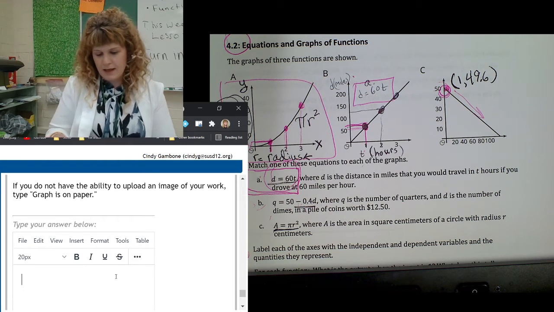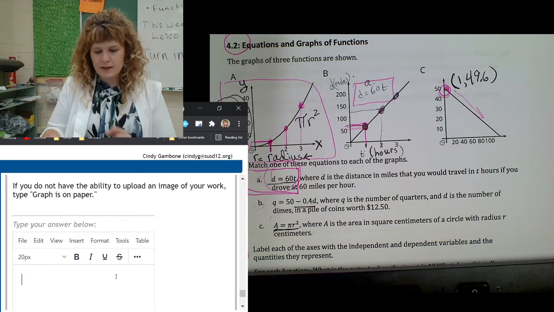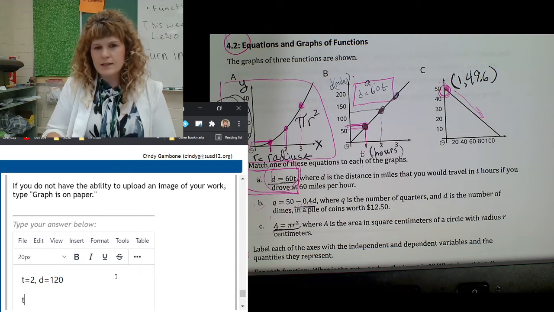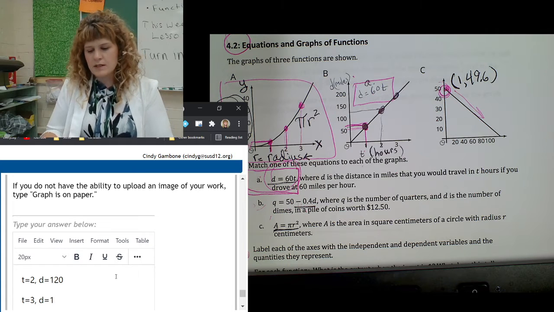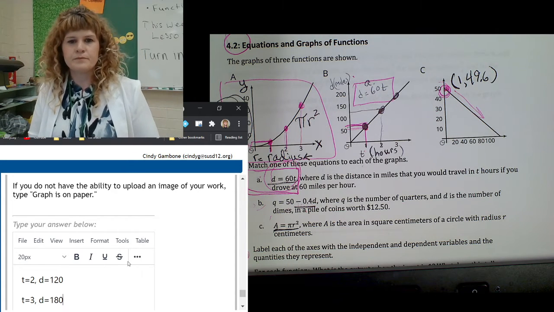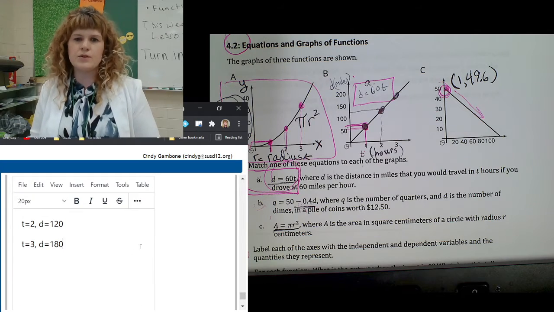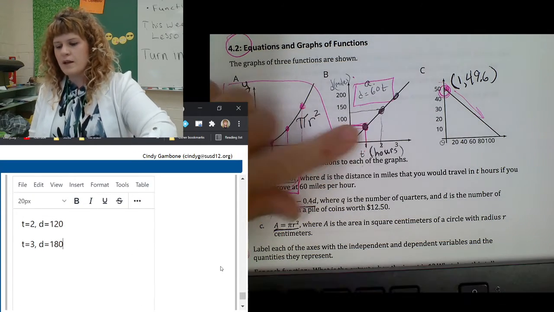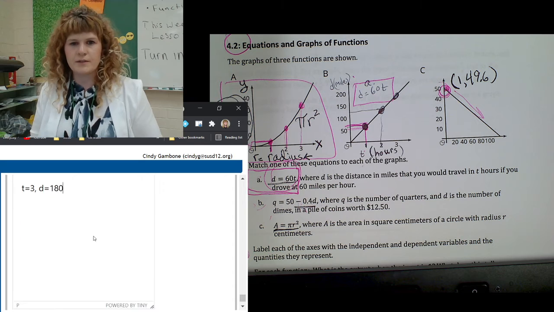I can do it in my head. T equals 2, d equals 60 times 2 is 120. And t equals 3, distance equals 60 times 3, which is 180. So now you've told me two more points that are on this function.